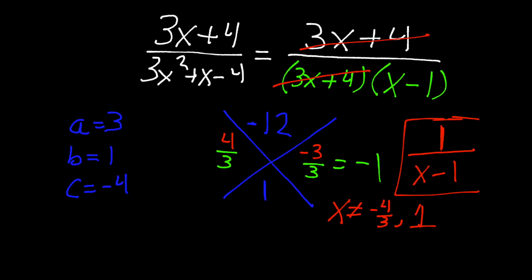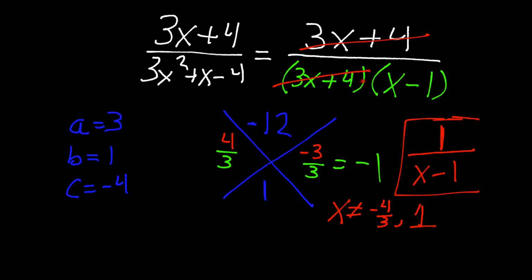So, what did we do? Couldn't do anything with the top, so the top stayed the same. We did the diamond method on the bottom. We factored it out, which gave us common factors, top and bottoms, which could be crossed out since they're dividing each other and becoming 1. So we get 1 over the factor that was left, x minus 1.